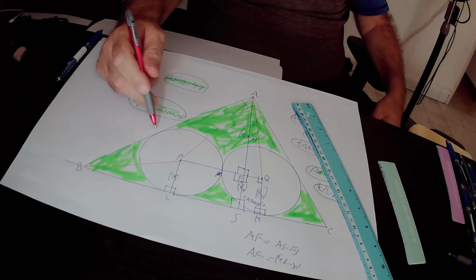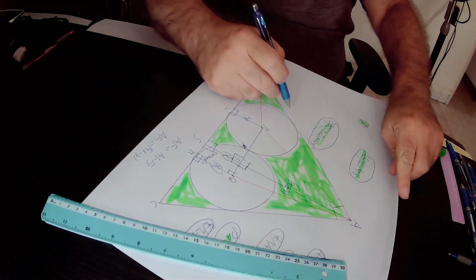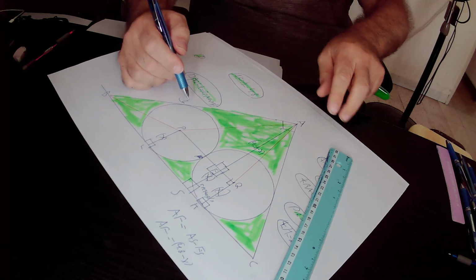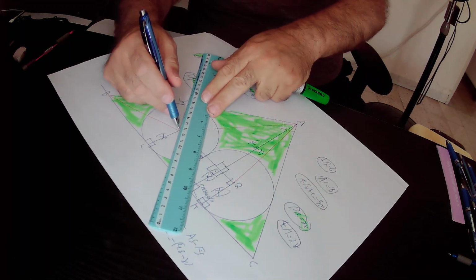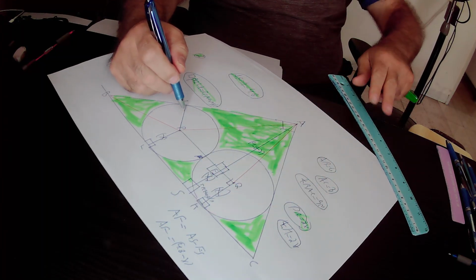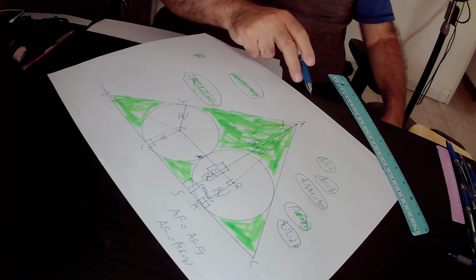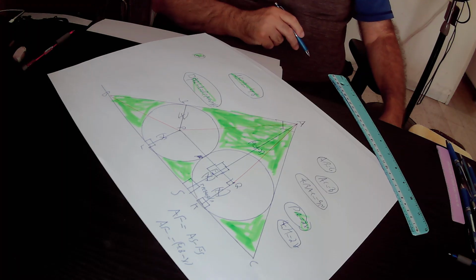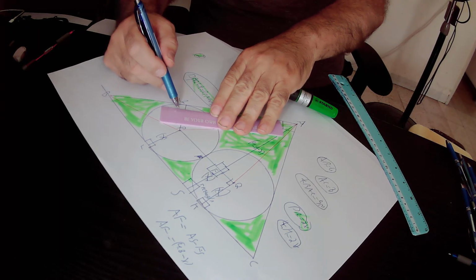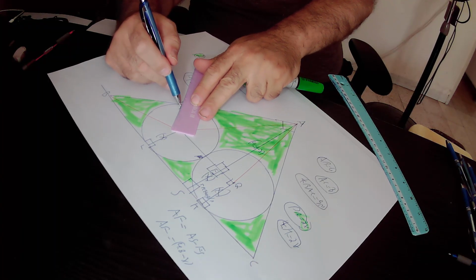This point is point Y. We join points P and Y together by a straight line. PY is of course the radius of the circle, which equals x. Point Y is the point of tangency of tangent AB with this circle, and therefore according to rule 1, this angle equals 90 degrees. This angle also equals 90 degrees.